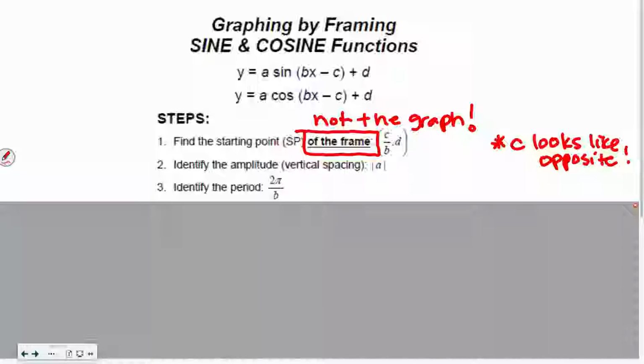So remember, when you pull out C up here in the equations, the parameter C is preceded by a negative sign, therefore it always looks like the opposite of what it really is. Amplitude, I've already said a few times, should always be positive when you list it for me. Please don't ever list a negative amplitude. If there is a negative, you know that your graph should be reflected. The amplitude is the absolute value of A, and the period is 2 pi over B.